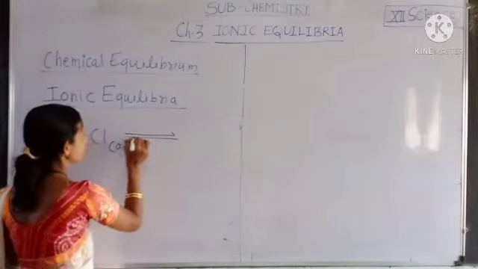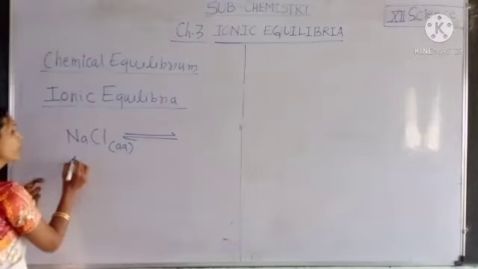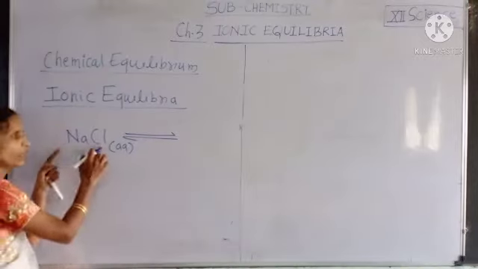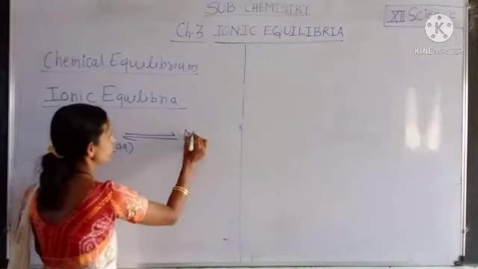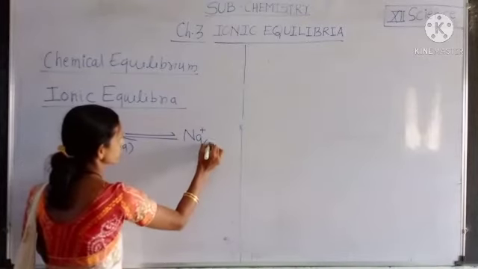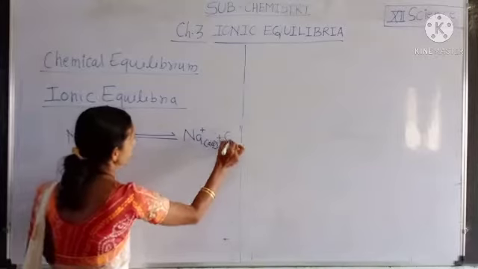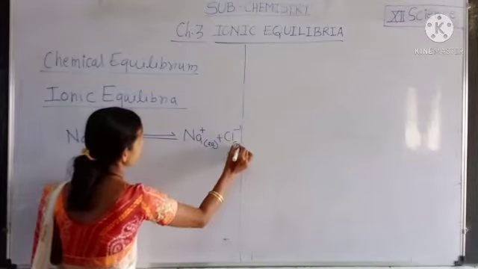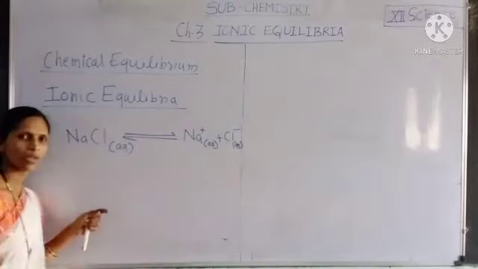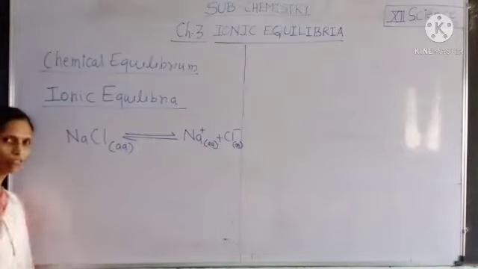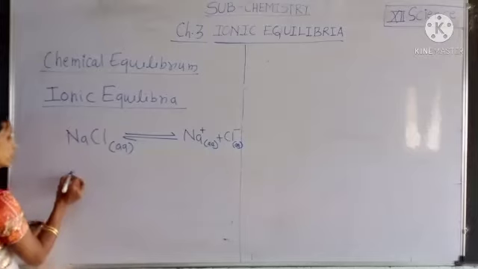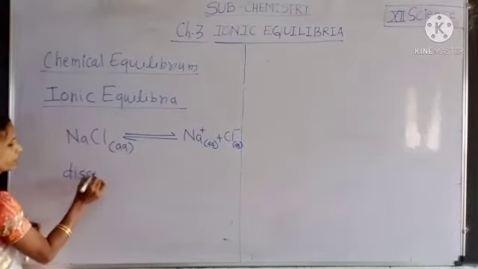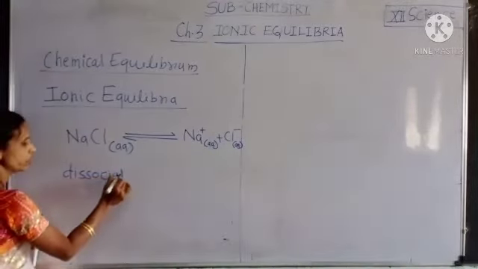Here the moles of NaCl undergo dissociation into Na plus and Cl minus in aqueous medium. That means, see here, the one word I am going to discuss here is dissociation. What is dissociation?